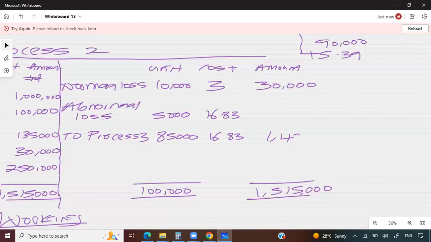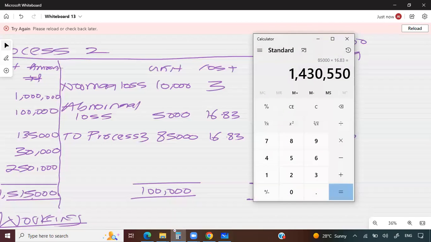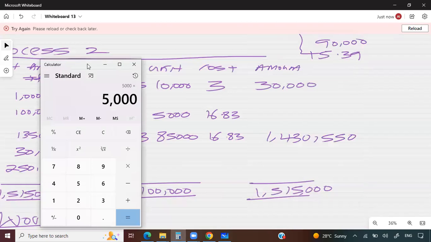Sometimes we'll have some difference as a result of the decimal point. So what I can just do to make it balance is to write the balance.